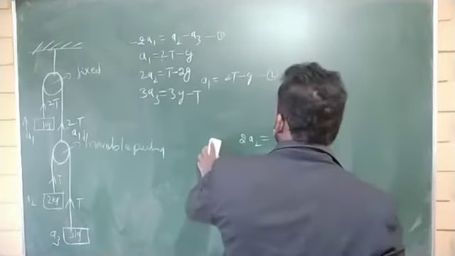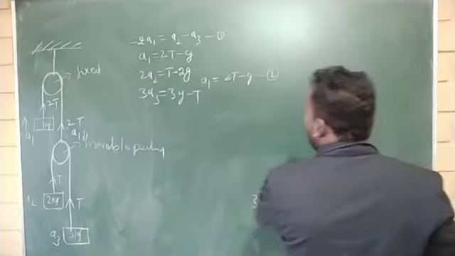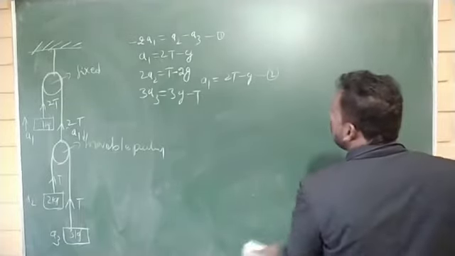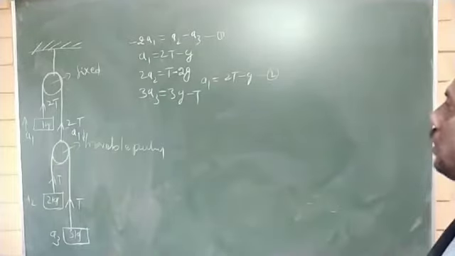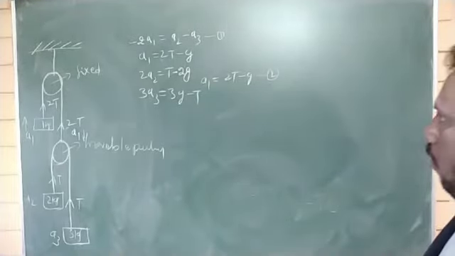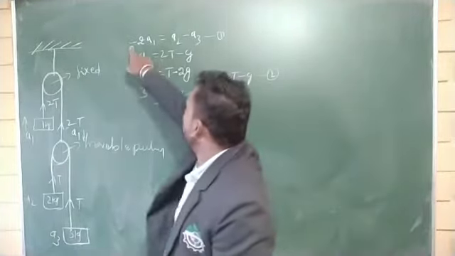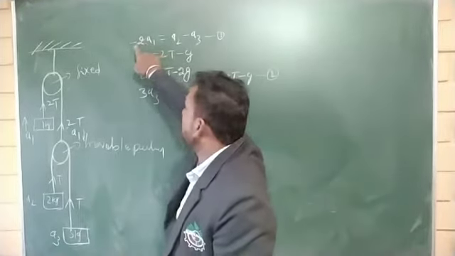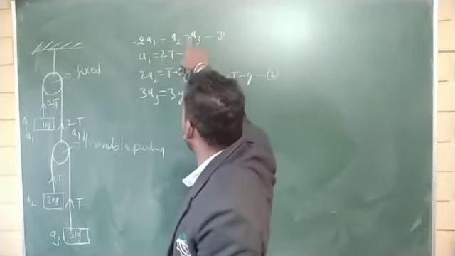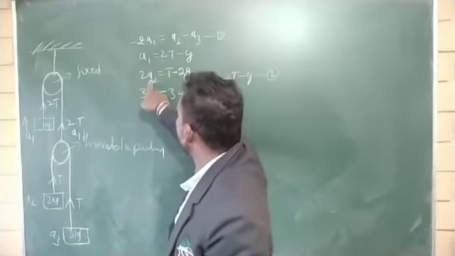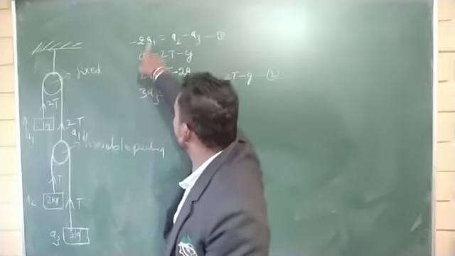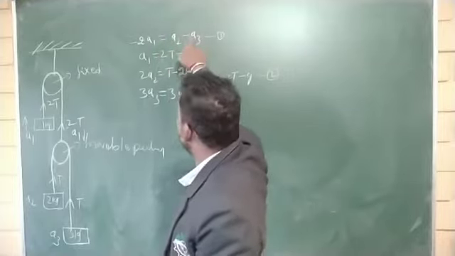How to simplify? How to calculate acceleration? How to calculate tension? Here, minus 2A1 is equal to A2 minus A3. A1 is there, A2 is there, A3 is there. Substitute A1, A2, A3 and simplify.